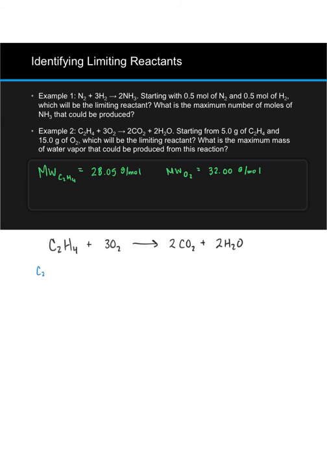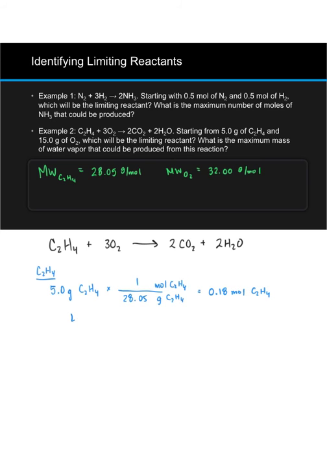For ethylene, C2H4, our given starting mass is 5 grams. Convert to moles by dividing by the molar mass. We get 0.18 moles worth of it.